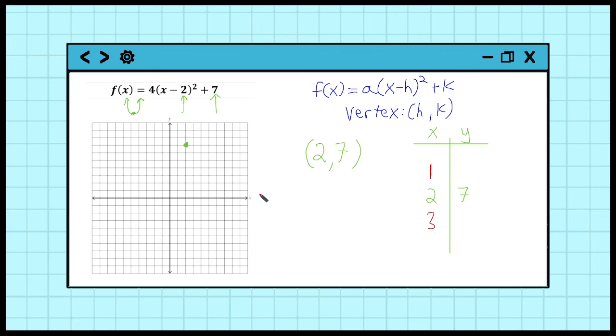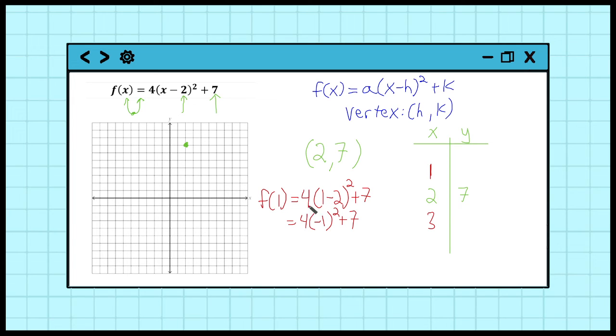So I'm going to say, okay, what is f of 1? That's 4 times (1 minus 2) squared plus 7. 1 minus 2 is negative 1. And you should type this all in your calculator at once if you can, but I'm going to continue walking through the steps just in case for some reason you can't get it all in your calculator.